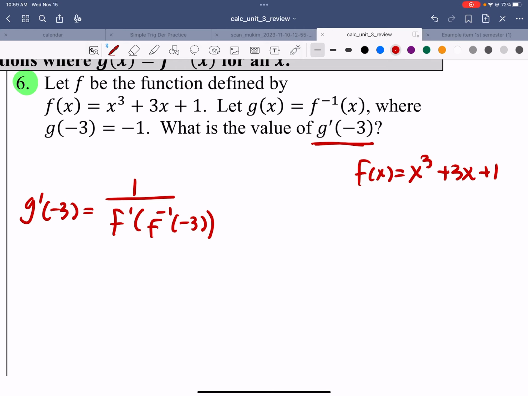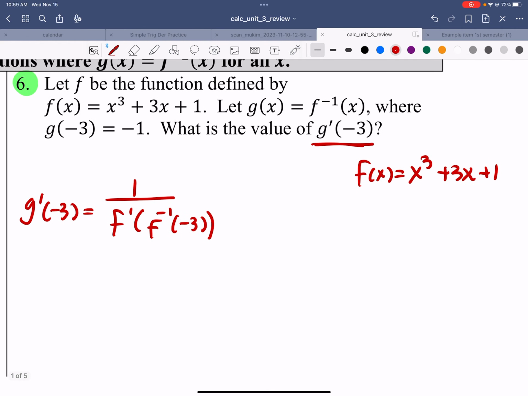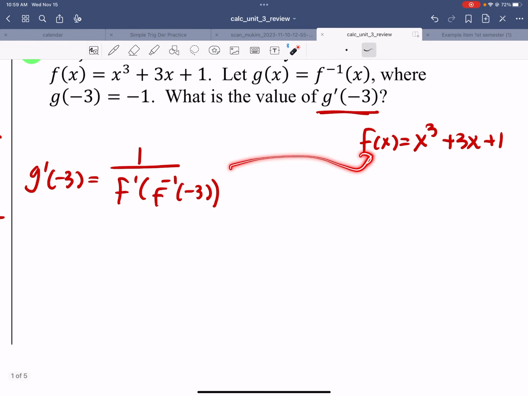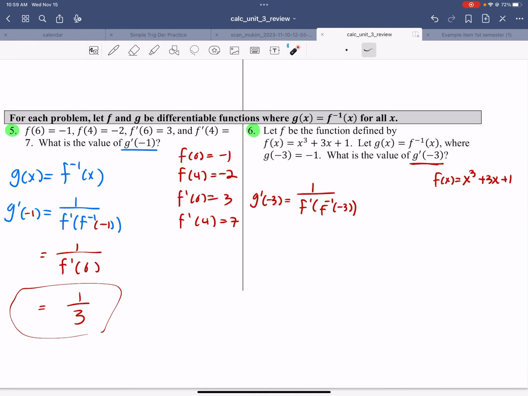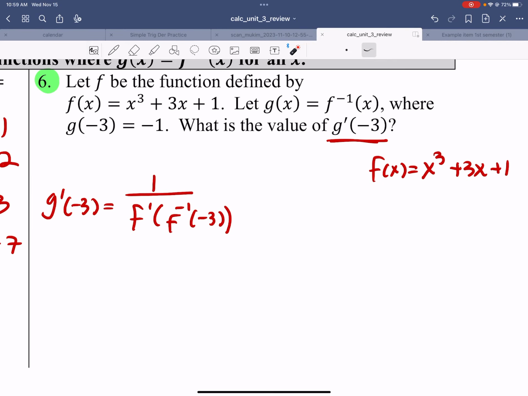Now, if you want to plug in -3 here, you want to find f inverse of -3, which means this is supposed to be an x value, but you're not going to plug in here. You're supposed to plug it in here. As you can see, when you plug in, that's the y value, right? So you've got to plug in -3 here and then solve for it.